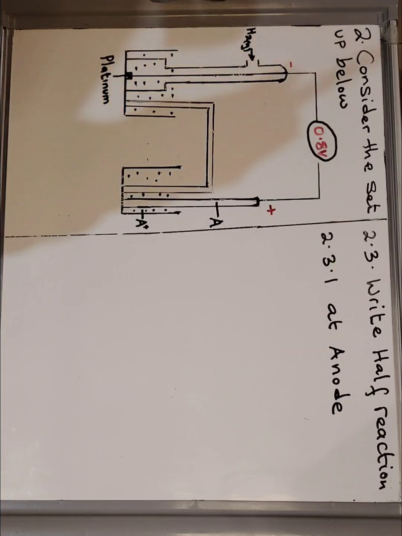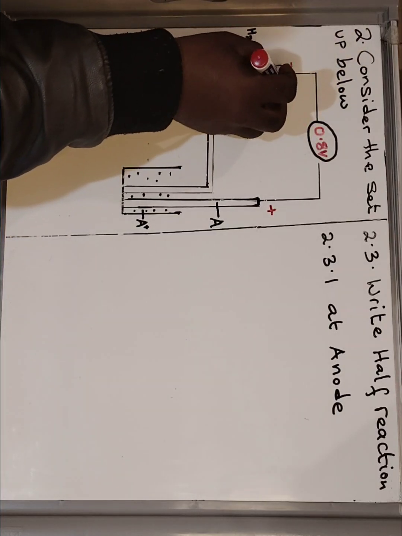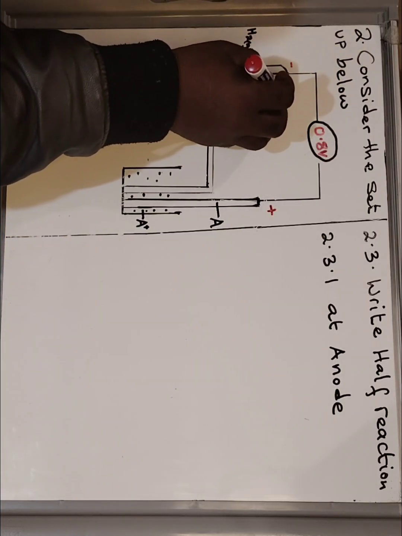We have to remember also that whether the cell is electrolytic or galvanic, the reaction taking place at the anode is oxidation, and the reaction taking place at the cathode is reduction. That one is the same, but the signs are different, and that must be noted seriously. So, what is our anode? Our anode is our hydrogen here. This is our anode.